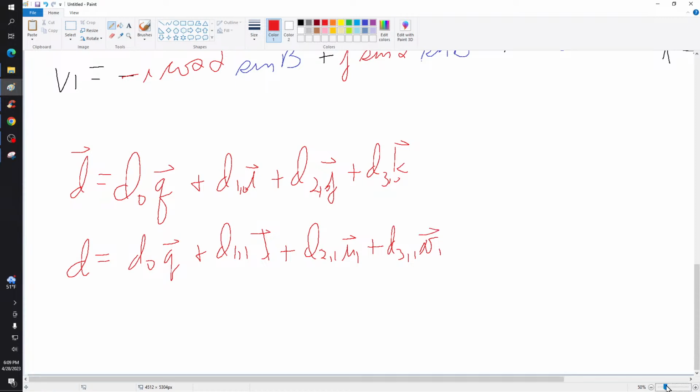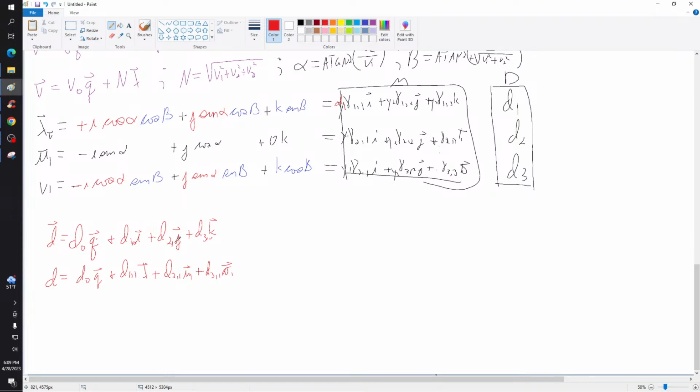That is the conversion from q i j k to q lambda mu nu. It's the same exact vector, but now being expressed with a different orthogonal basis.